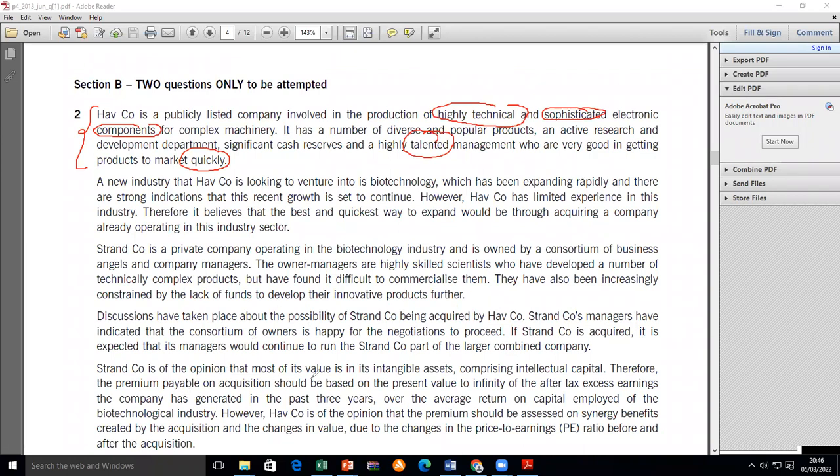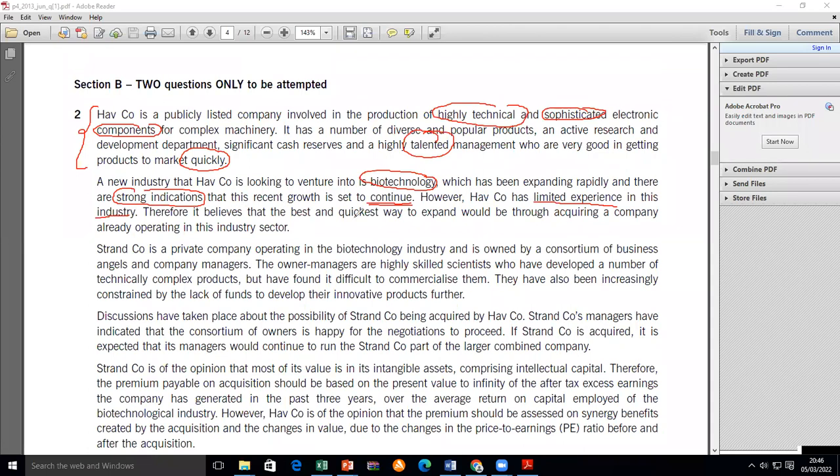A new industry that H company is looking to venture into is the biotech industry, which has been expanding rapidly, and there are strong indications that this recent growth is set to continue. However, H company has limited experience in this industry.